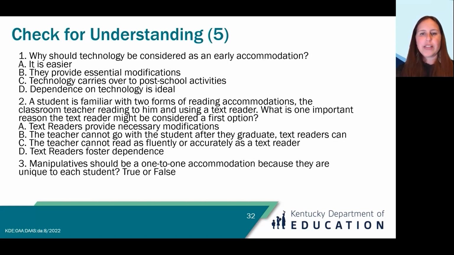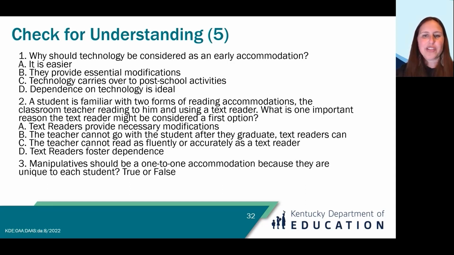Question 2. A student is familiar with 2 forms of reading accommodations, the classroom teacher reading to him and using a text reader. What is one important reason the text reader might be considered the first option? A, text readers provide necessary modifications. B, the teacher cannot go with the student after they graduate, text readers can. C, the teacher cannot read as fluently or accurately as a text reader.